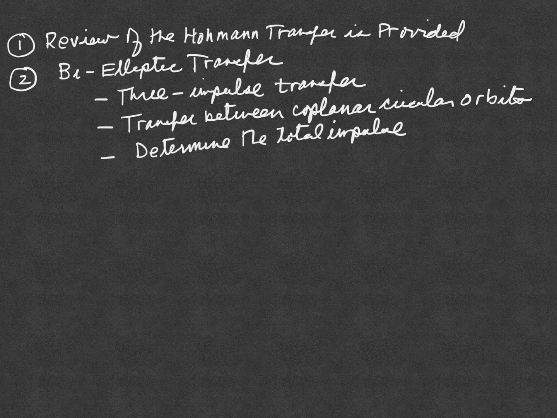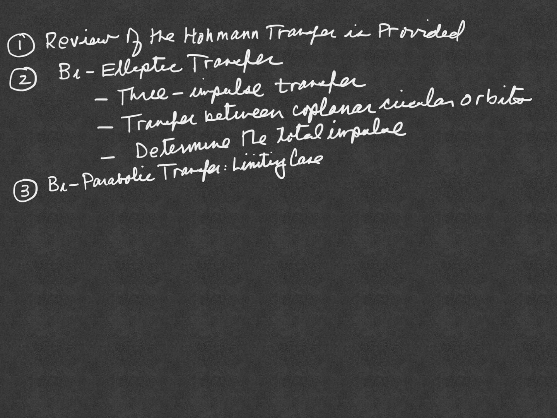And once the study of the bi-elliptic transfer is completed, attention will be focused on a limiting case of the bi-elliptic transfer called the bi-parabolic transfer. And as stated, this is a limiting case of the bi-elliptic transfer.